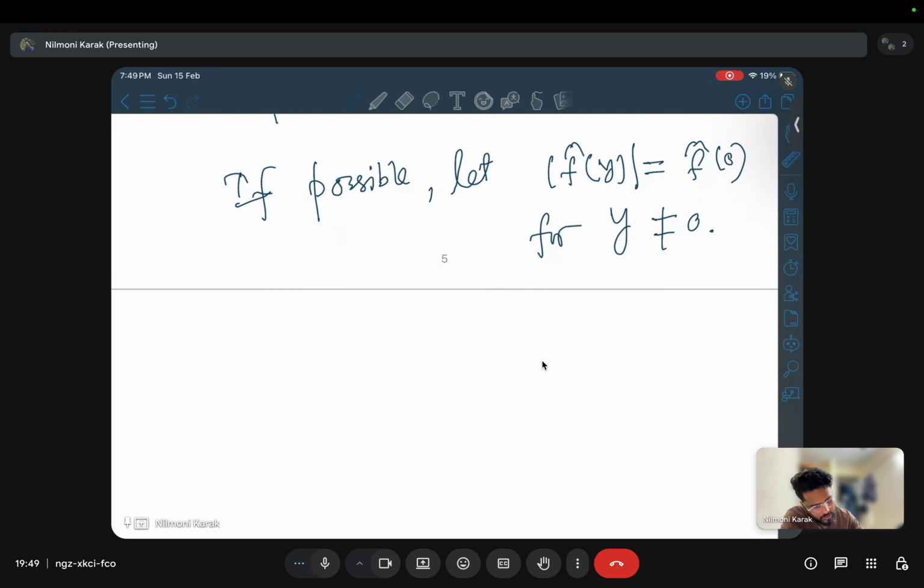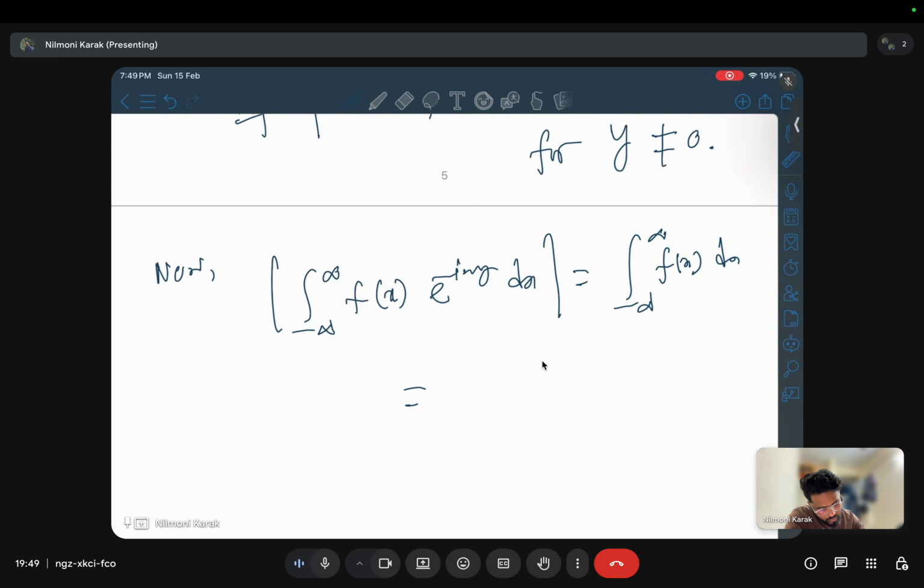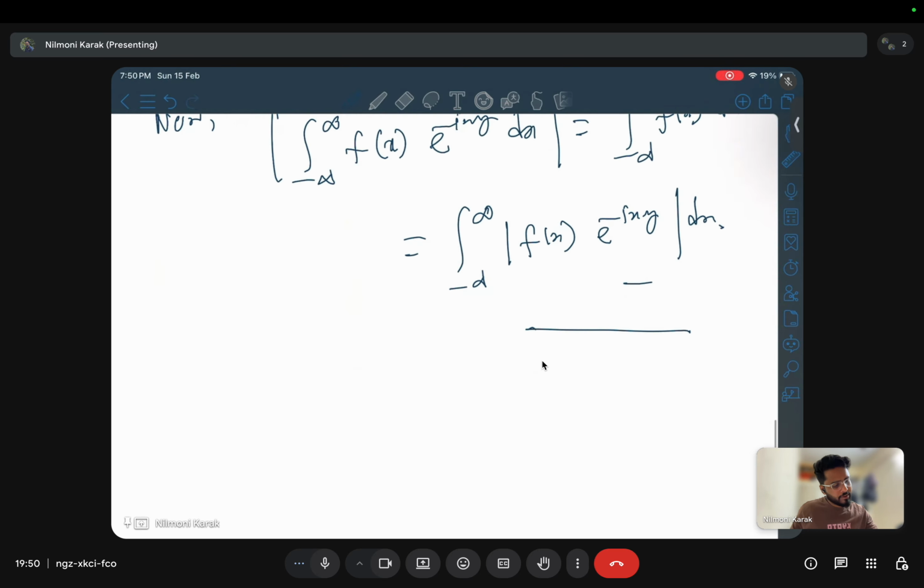So use the definition: the integral of f of x e to the power minus ixy dx equals the integral of f of x dx, and this equals the integral of the modulus of f of x e to the power minus ixy dx. Okay, this star holds, right?